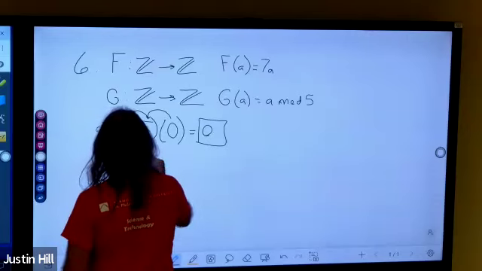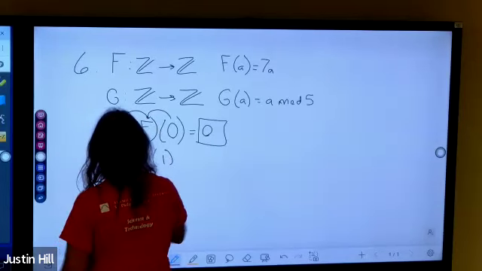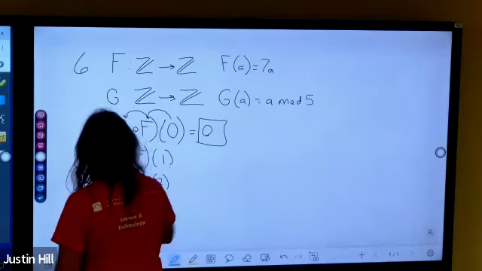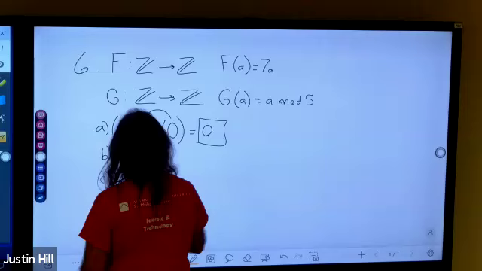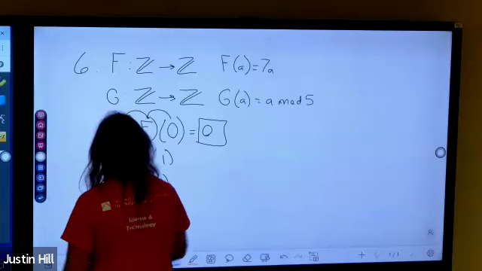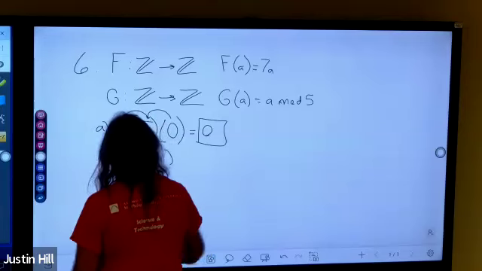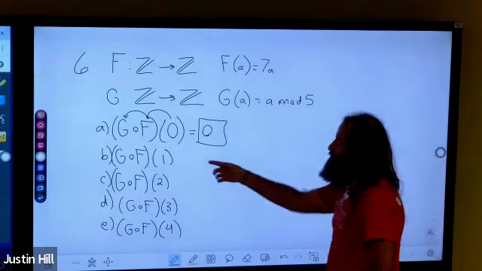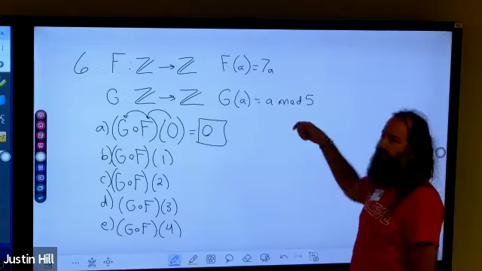G compose f of 1, g compose f of 2, g compose f of 3, g compose f of 4. So let's go through this. Plug in a 1 to f. So 7 times 1 is 7. And then what is 7 mod 5?